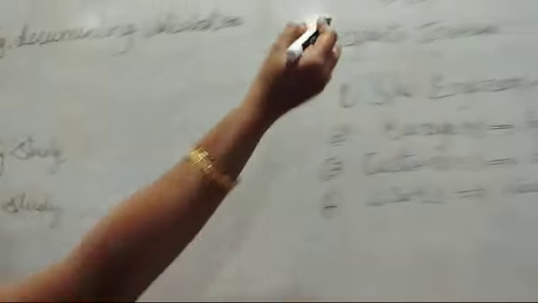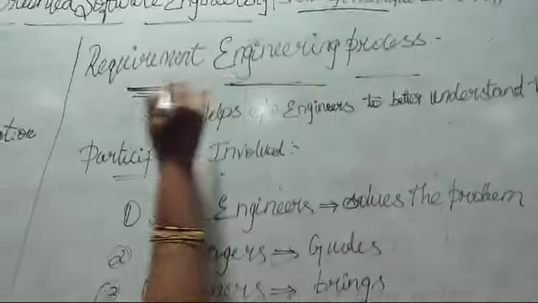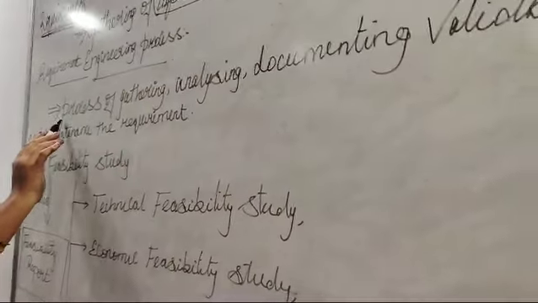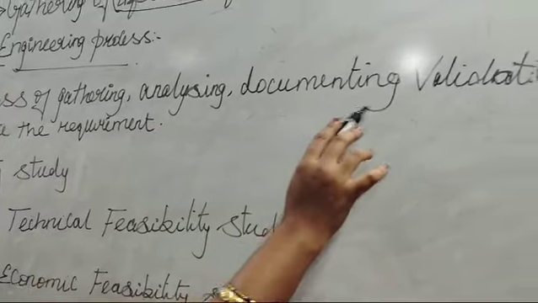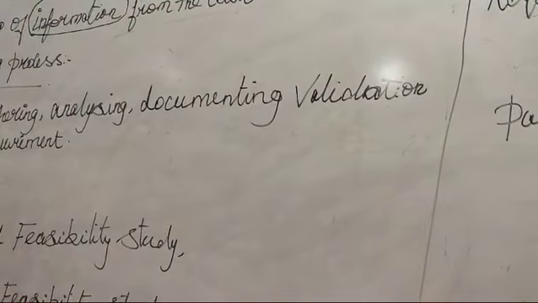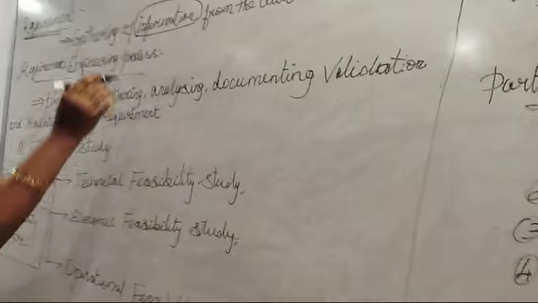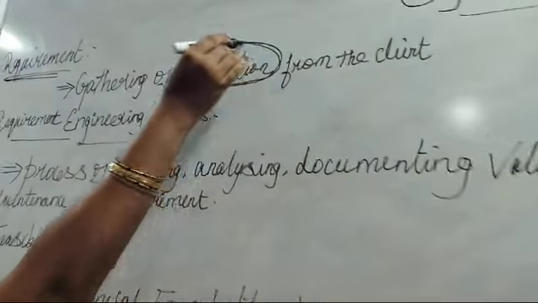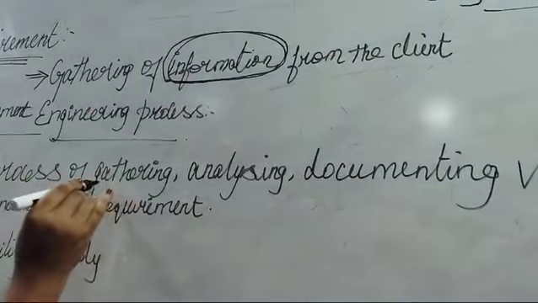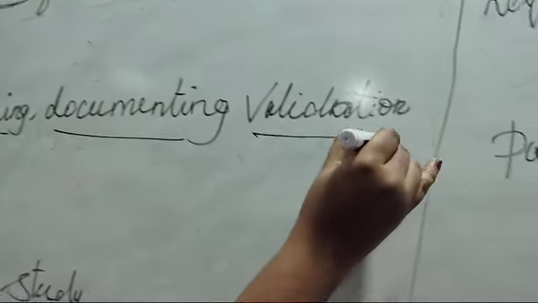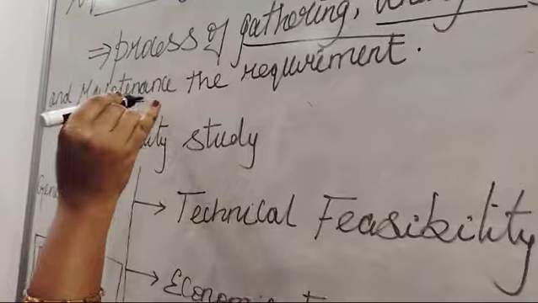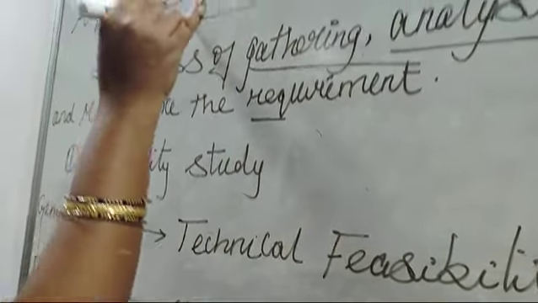Next, the requirement engineering. What is meant by the requirement engineering process? It is the process of gathering, analyzing, documenting, validating and maintaining the requirements. The requirements we have gathered are analyzed, documented, validated and maintained in the engineering process.